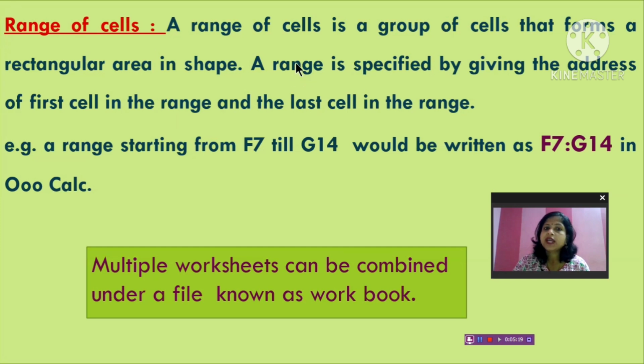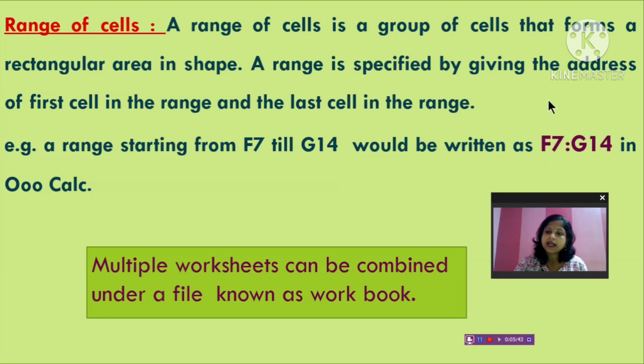Okay. So a range of cells is a group of cells that forms a rectangular area in shape. A range is specified by giving the address of first cell in the range and the last cell in the range. For example, a range starting from F7 till G14 would be written as F7 colon G14.